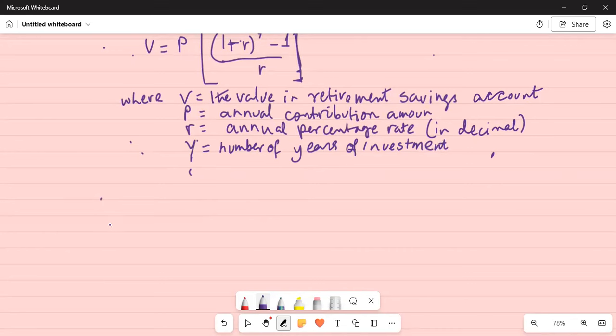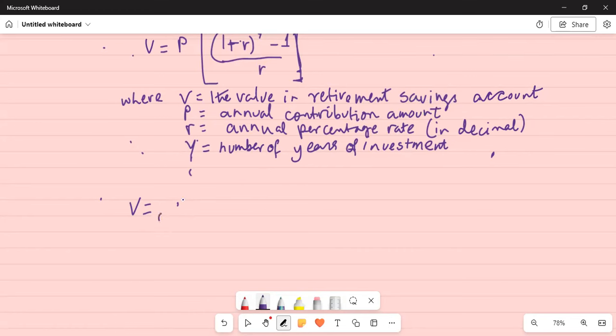So then value becomes, in our case, we are investing $1,500 per year. So this is annual investment amount.